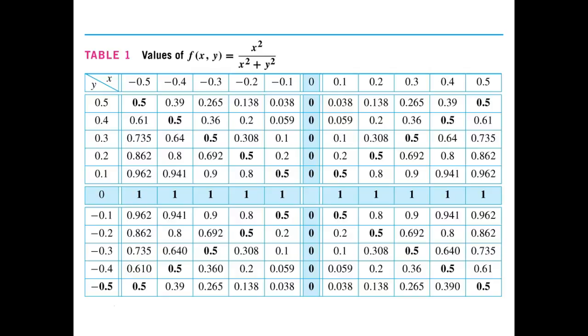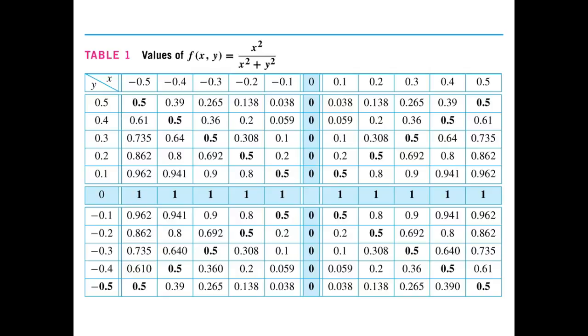So for all x with y equal to 0, that's what this column is. And x equals 0 is this column. So here are your answers: 1, 1, 1, 1, 1, 1, 1, 1. Now notice they left this out because x equals 0 isn't defined.